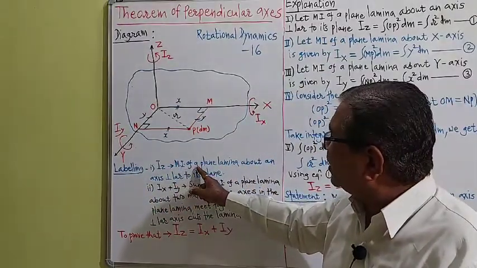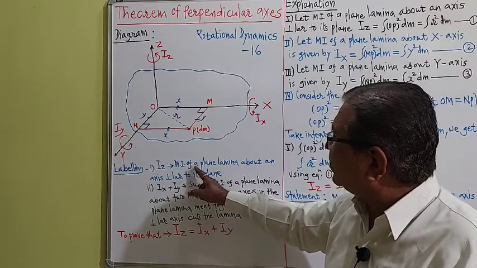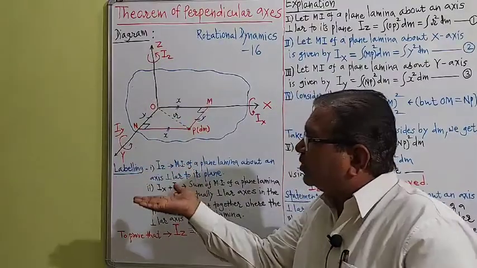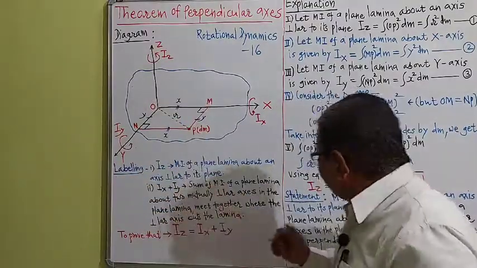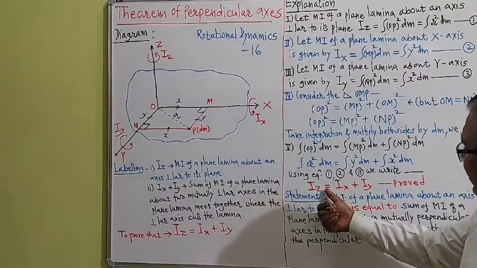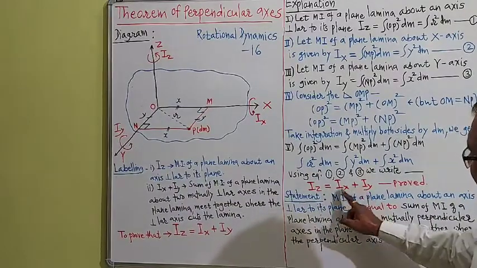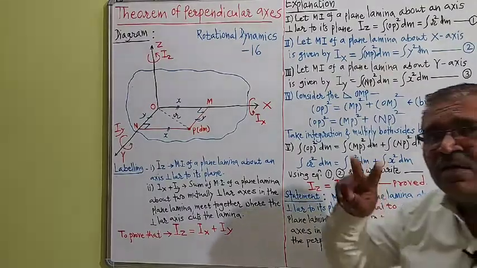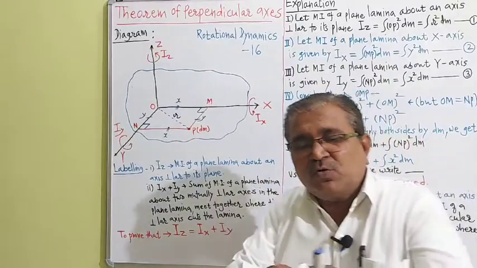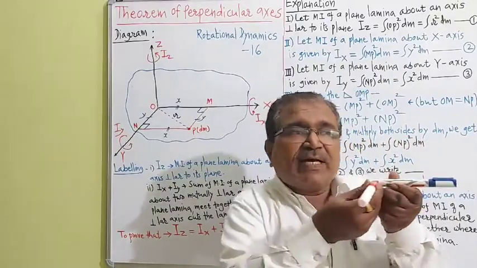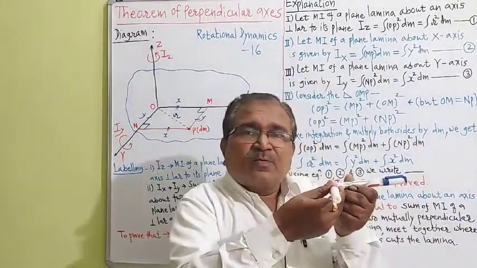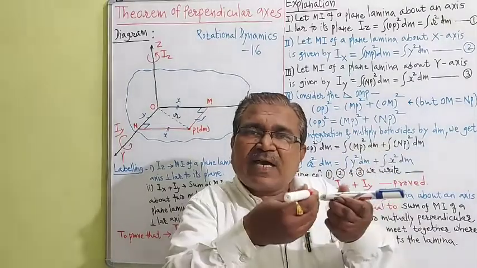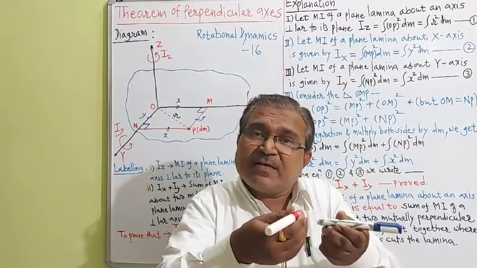Moment of inertia of a plane lamina about an axis perpendicular to the plane is equal to the sum of moments of inertia of the plane lamina about two mutually perpendicular axes, where those axes are in the lamina.